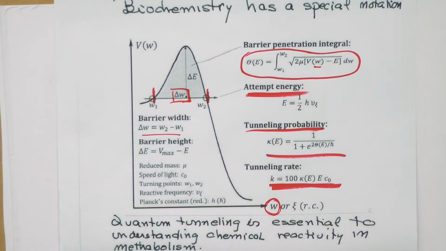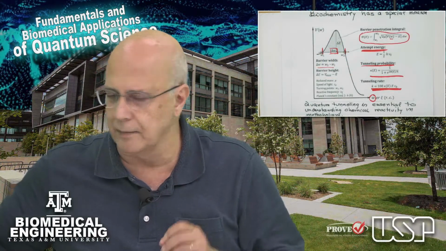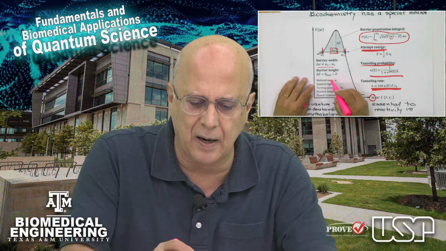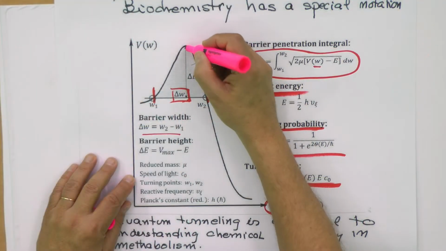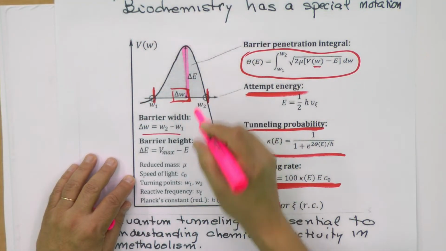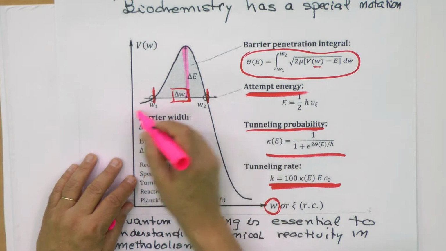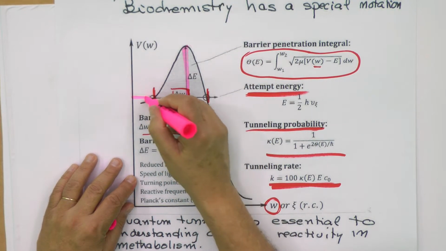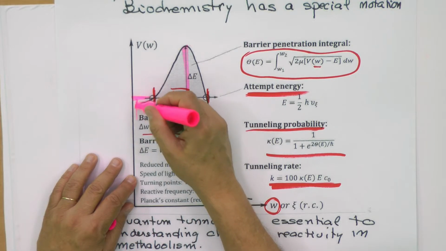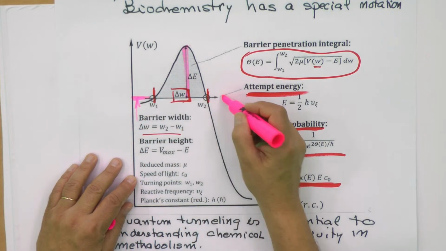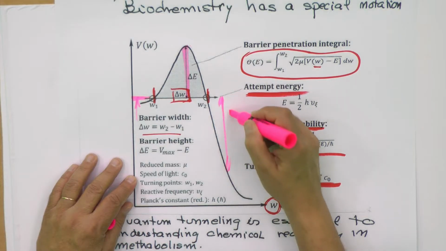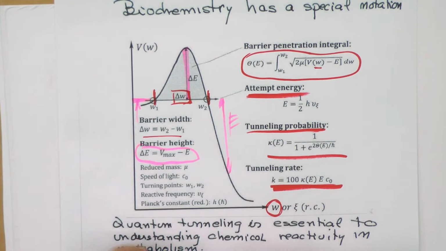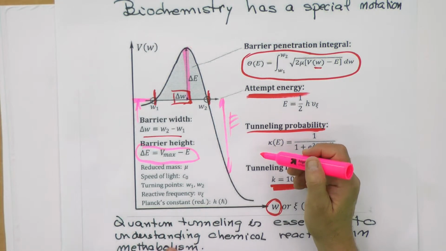And the system has to tunnel some distance, delta W. And then the barrier height, which is this, is basically the maximum of the potential minus the energy, because the energy is here. The energy of the particle will end here. This is the energy that the particle will come out with. So we define this, and we can write everything in terms of this.